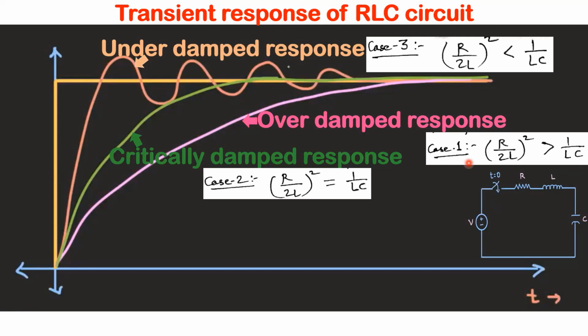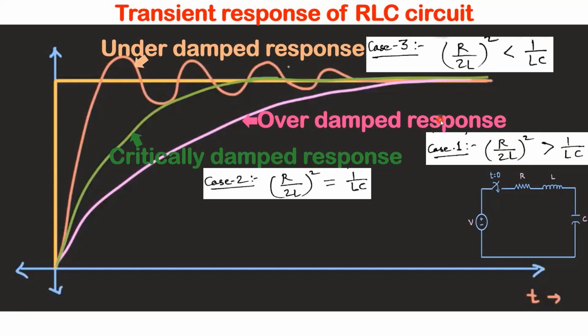Case number 1 is whenever (R/2L)² is greater than 1/LC. That is, if the values of R, L and C are such that (R/2L)² is far greater than 1/LC, then this is case number 1.